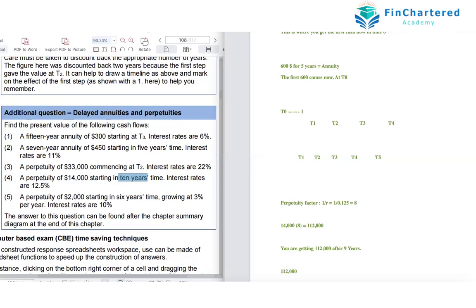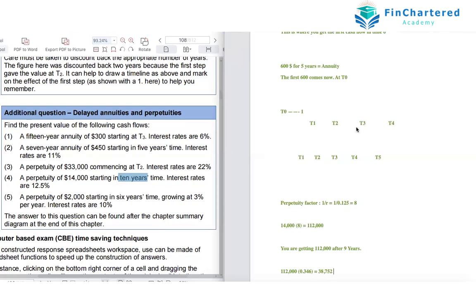Again, we will refer to the 0.346. Yes, Nitish. So 0.346. So the present value as per today's date is 112,000 into 0.346, which will be 38,752. Osama, this is clear how to discount delayed perpetuities? The same way as delayed annuities.